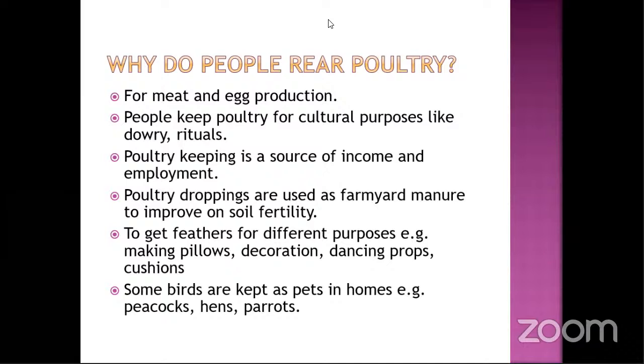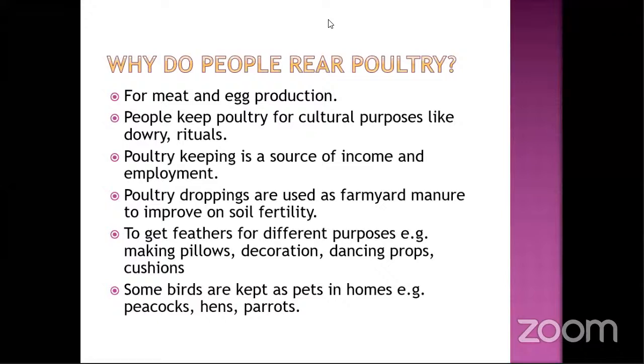Pets are not necessarily birds. It can be even any other animals, because even rabbits are pets. Even dogs, people keep dogs as pets, though dogs also provide security or protection, but they are also kept as pets. So pets are animals kept for fun and also to give man company.